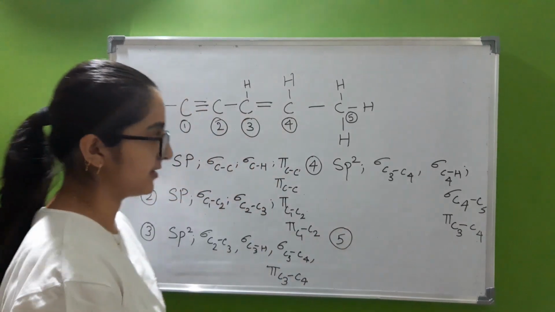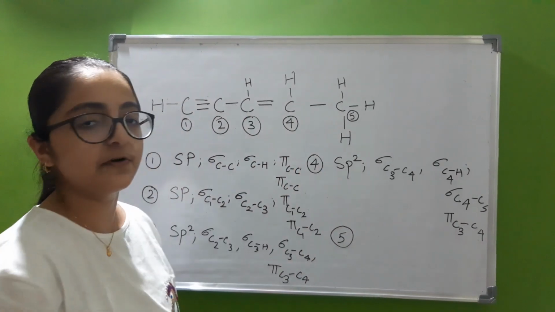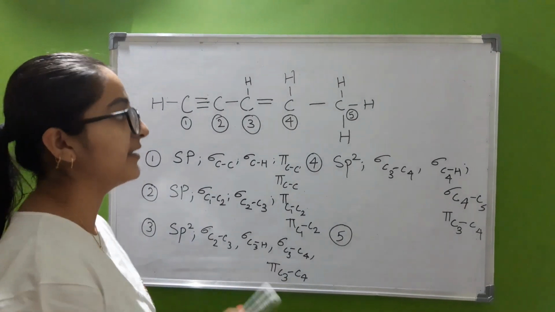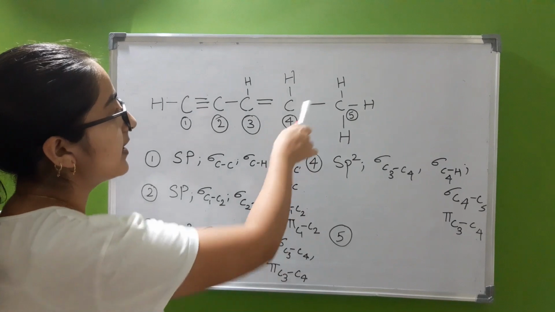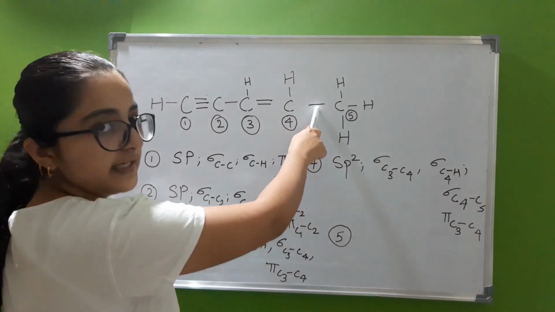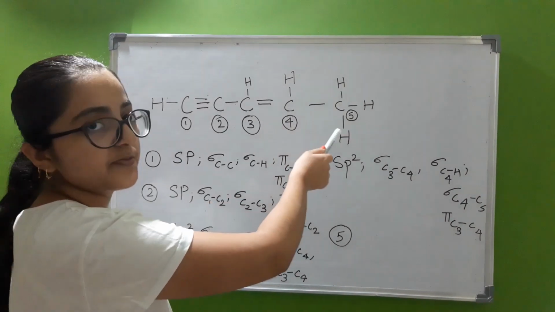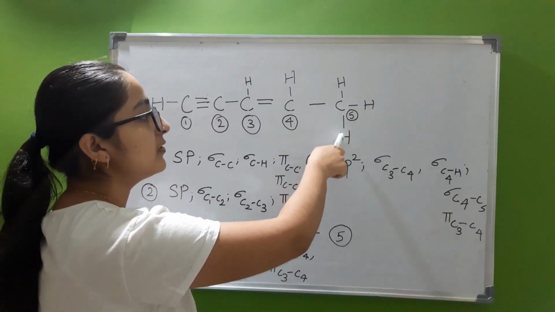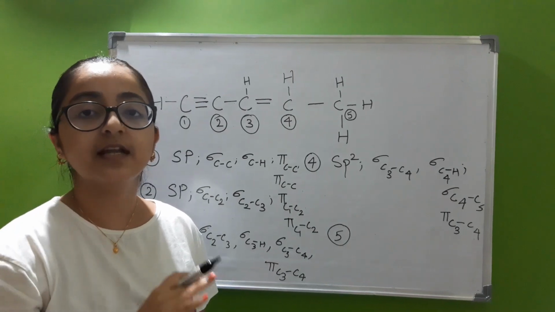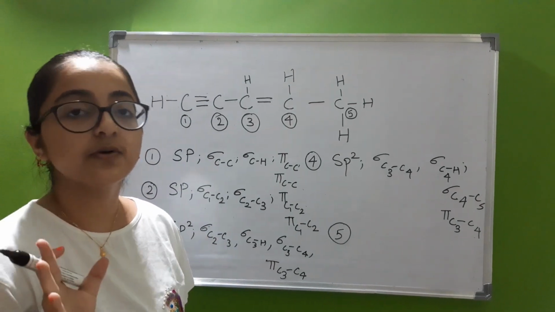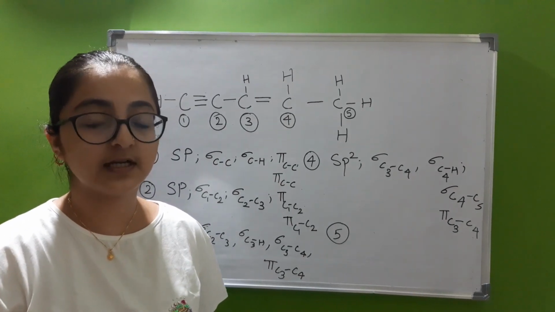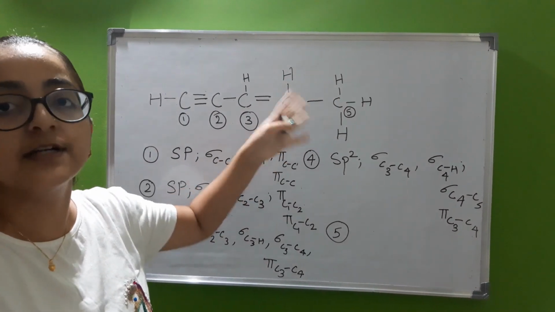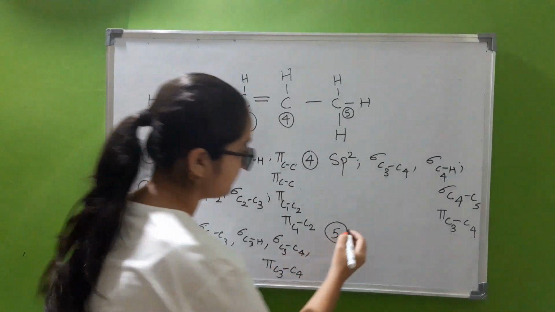Now coming to our last carbon. Let's first see what the hybridization is. For knowing the hybridization, we need to check the number of pi bonds present in it. C to C, the first bond is sigma. C to H, first bond sigma. C to H again, first bond is sigma. The last bond also is a sigma. So there are no pi bonds present at all. When there are no pi bonds present in the carbon, it is known to be sp3 hybridized.